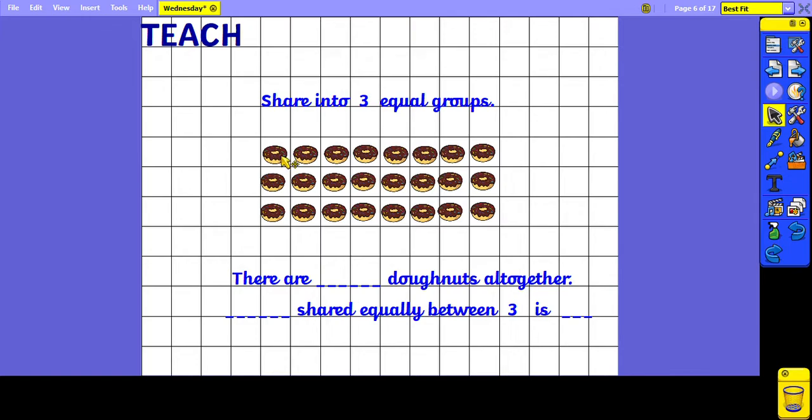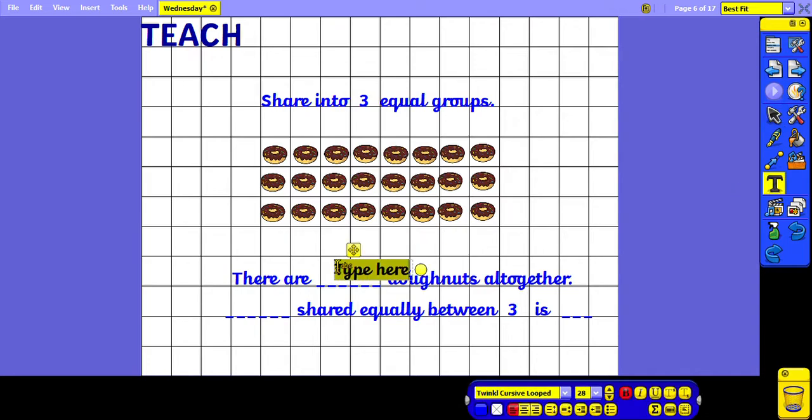So 1, 2, 3, 4, 5, 6, 7, 8, 9, 10, 11, 12, 13, 14, 15, 16, 17, 18, 19, 20, 21, 22, 23, 24. So I've got 24 donuts all together.